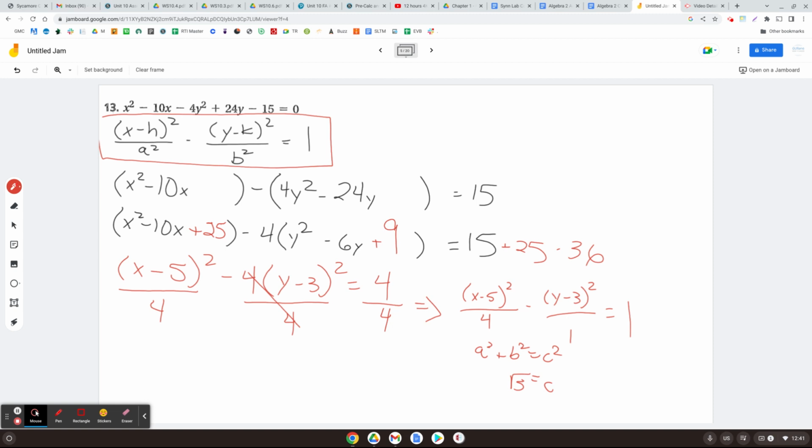Okay? So now I'm just going to have just enough room, I think. It's going to open up in the x direction, right? Because the x is positive. It's centered at right 5 up 3. So I just ballpark it.